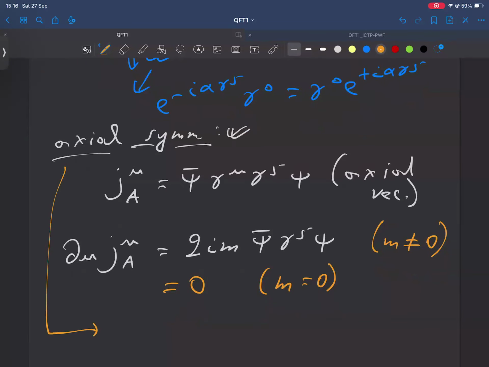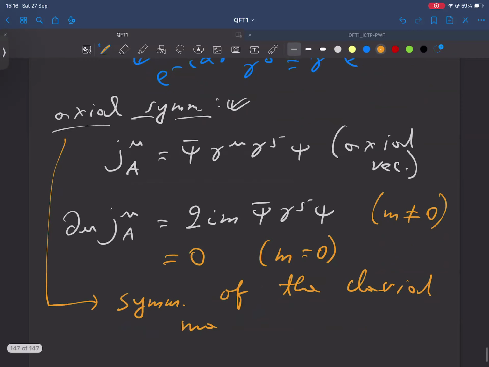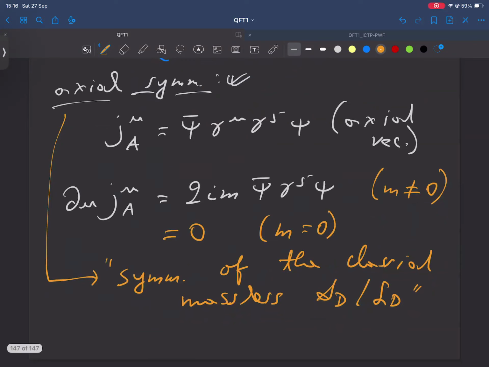So this axial symmetry is a symmetry of the classical massless Dirac action or Dirac Lagrangian. Okay. So only after you set m to 0, you get it to be a symmetry, conserved.